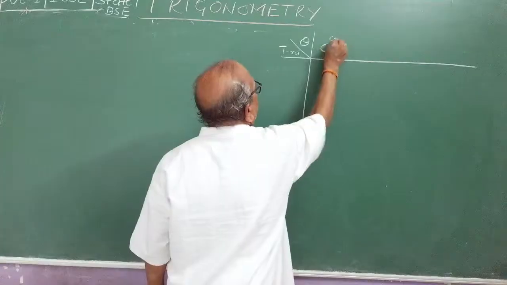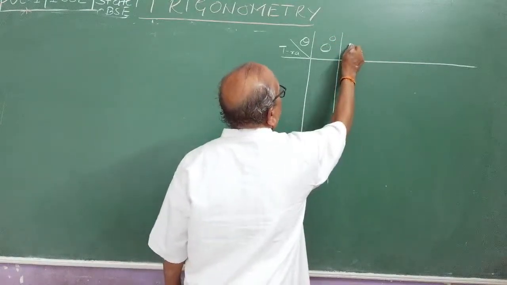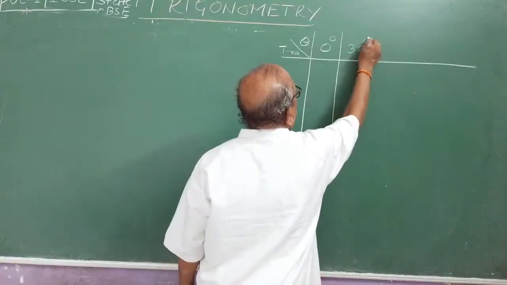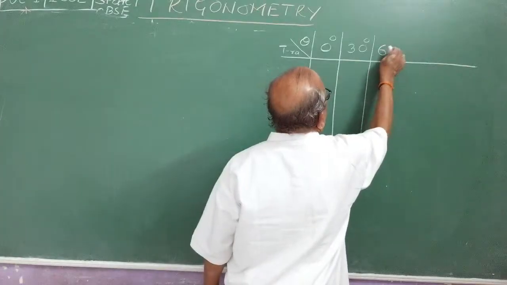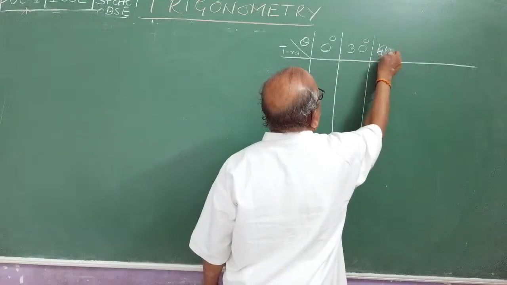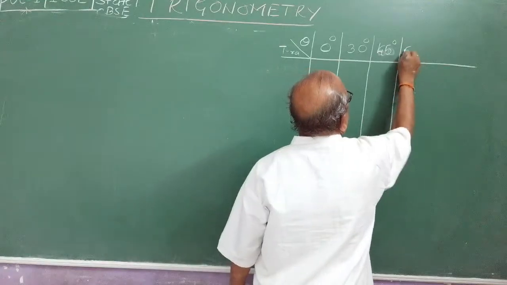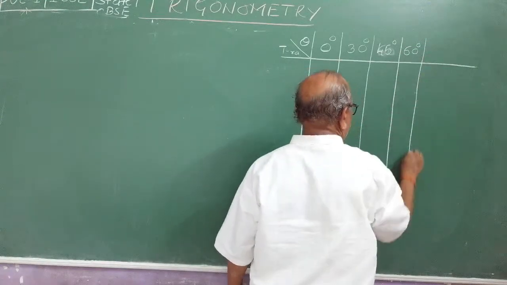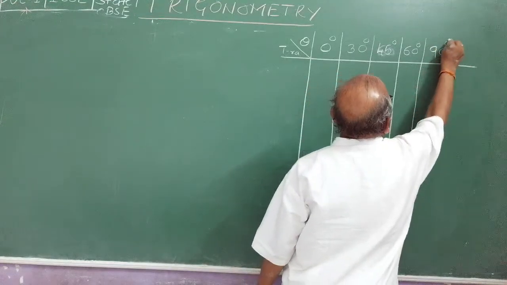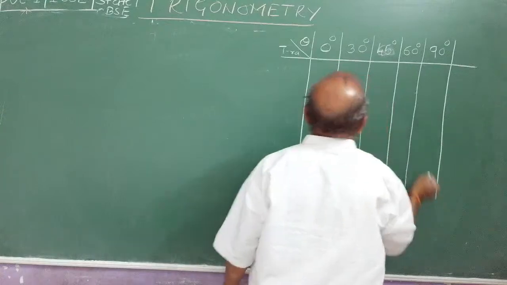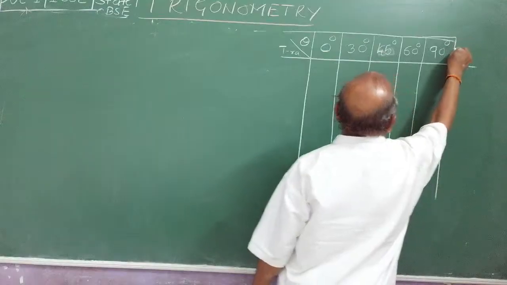Let me write here 0 degree. Then you take 30 degree, prepare a table on a separate slip till you are perfect in all the trigonometric ratios, 45 degree. Then you have 60 degree, you have 90 degree. Only this much pass. For PUC 1 students, you are learning a little more. I will cover that in your separate class.